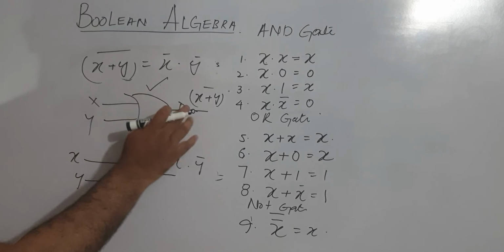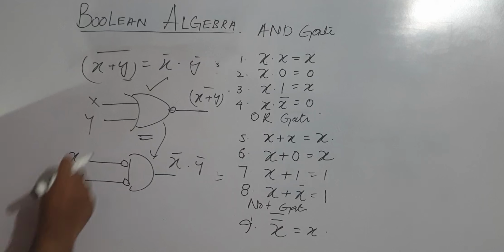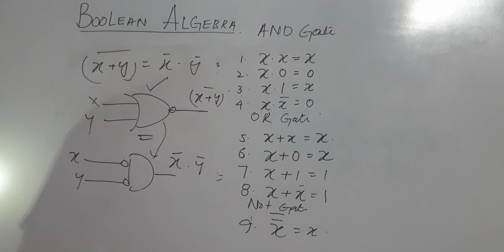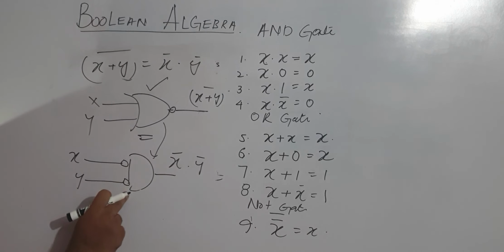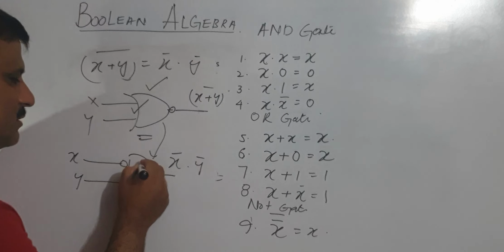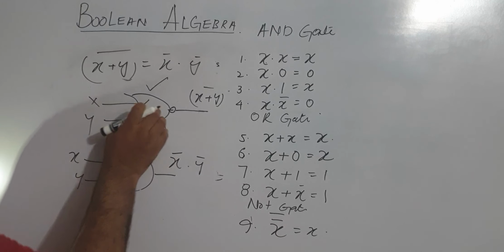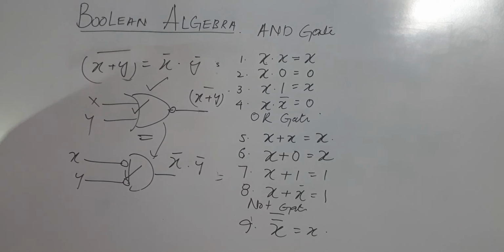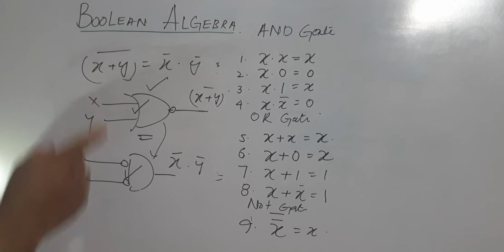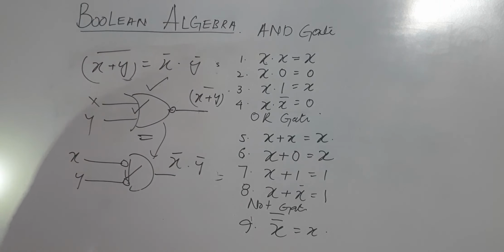If you replace the NOT gate by a bubble, this becomes a NOR gate, and this is a bubbled AND gate. So the function of the NOR gate is exactly equal to the function of the bubbled AND gate. This is what De Morgan's theorem says. So Boolean logic also obeys the De Morgan law.